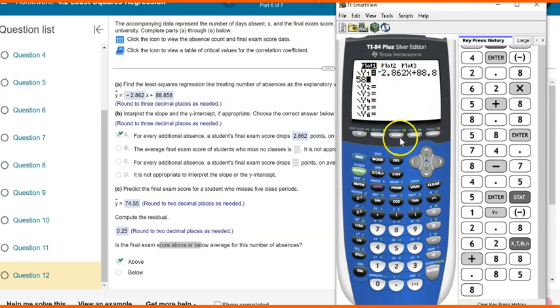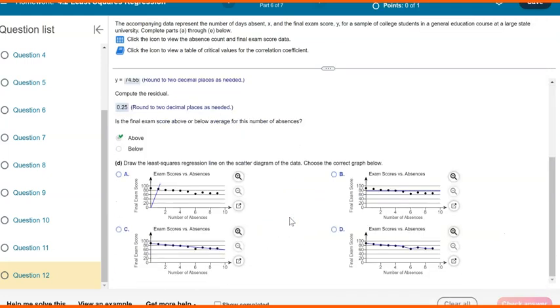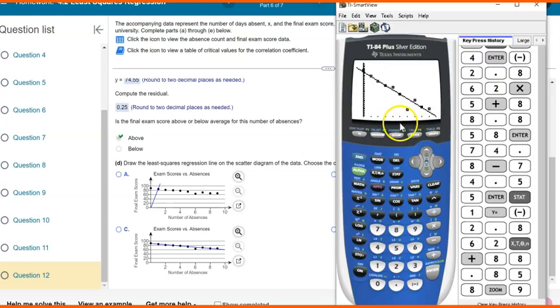Now you just do zoom number 9, and you see the dots with the line. Okay, let's check which one matches this graph. Obviously this looks like the correct one, right? Let's double check here. This is the one. Every dot is on the line, but this dot is kind of off here, and this dot is on the line.